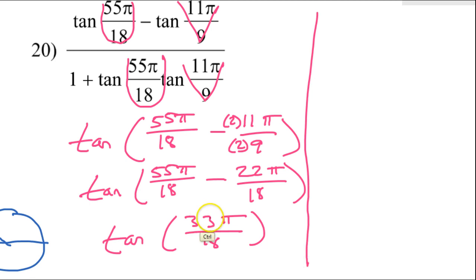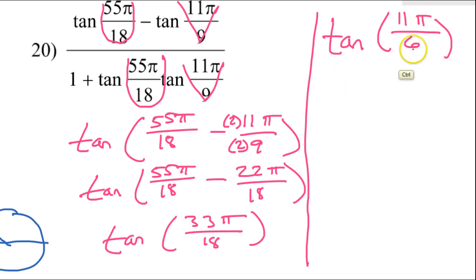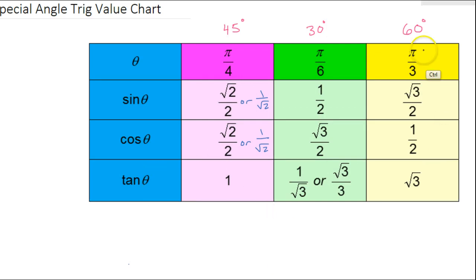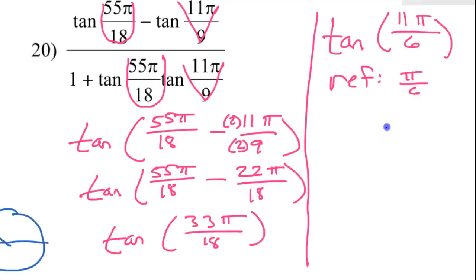If I do that simplification, that's going to be 11 pi over 6. Love to see that 6 down there. That tells me that the reference angle is in fact pi over 6. We memorized that the tangent of pi over 6 is radical 3 over 3. So the answer is either going to be radical 3 over 3 or negative radical 3 over 3.